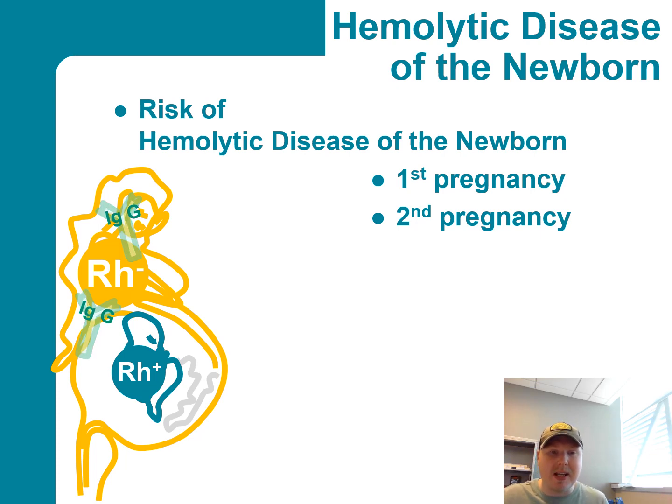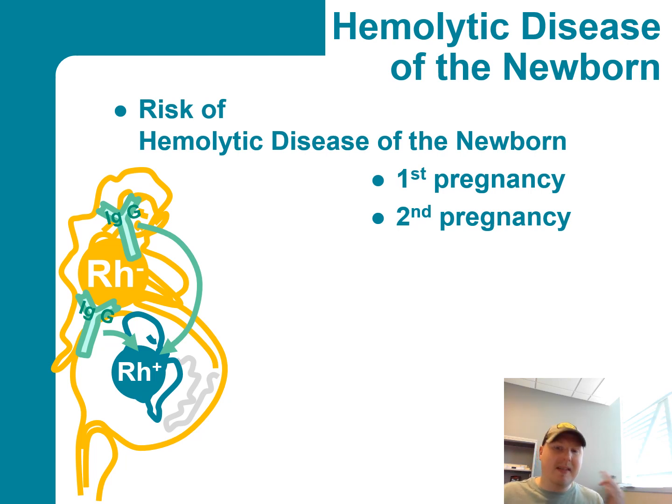But the downside of having rhesus factor antibodies is that they can migrate into the baby's circulation. And what will happen here is that these rhesus factor antibodies will start to agglutinate and hemolyze with the fetal red blood cells.